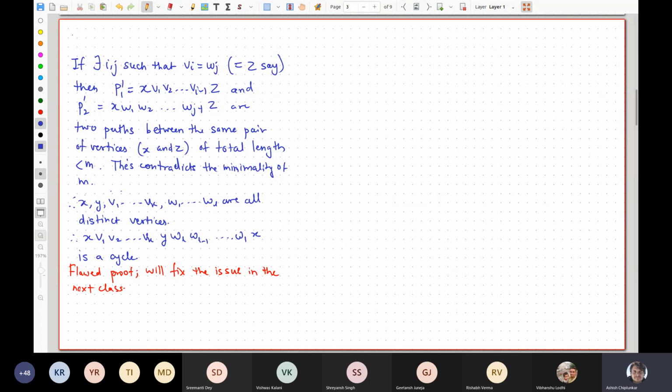Let me write it over here. We claim that x, y, v1 through vk, w1 through wl are all distinct.